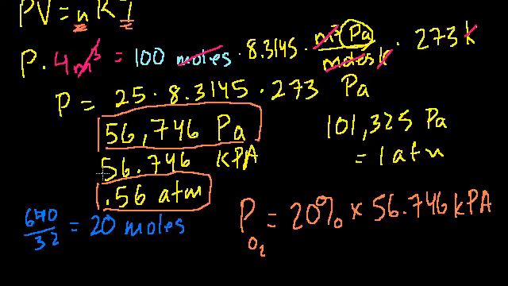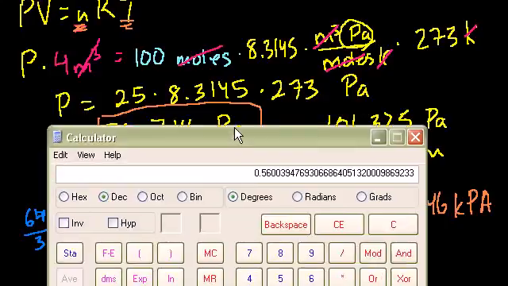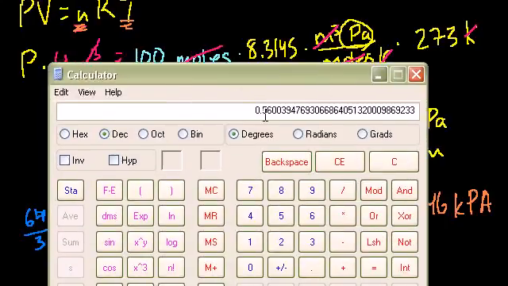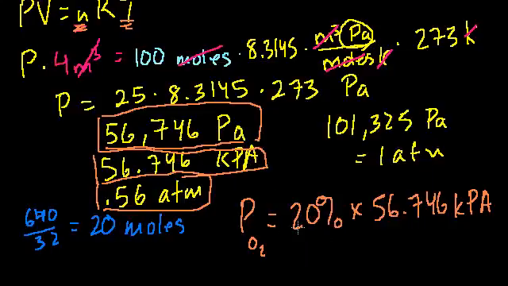I just took this pressure measurement. I could have done 20% if I wanted in atmospheres times 0.56 atmospheres. And so the partial pressure of oxygen, well, I already have the 0.56 written there, so times 0.2 is equal to 0.112 atmospheres.